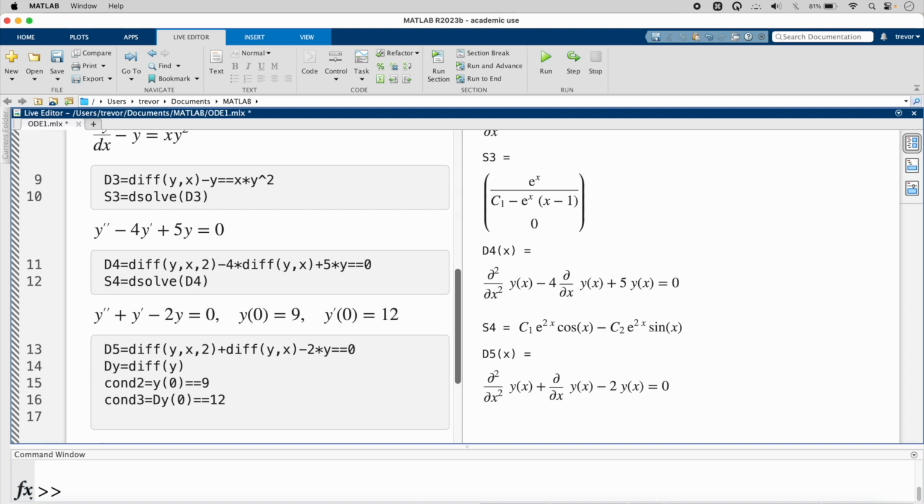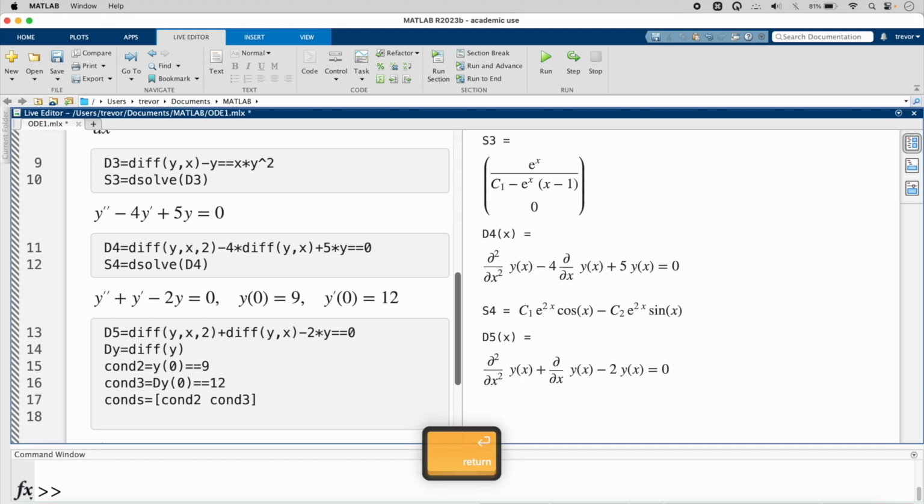Then the next step is to write those conditions there as one. So I'll call it conditions is equal to, then open square brackets, cond 2 space cond 3. Press the return key. Then I go on and now solve.